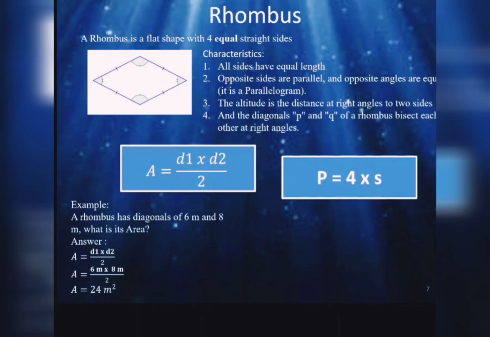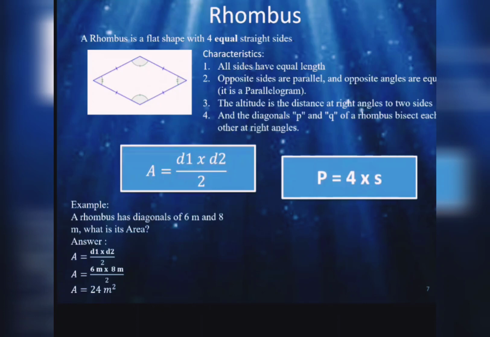Third, the altitude is the distance at right angles to two sides. And the last, the diagonals P and Q of the rhombus bisect each other at a right angle. The formula of a rhombus: the area is diagonal 1 times diagonal 2 times a half. And the perimeter of a rhombus is 4 times side.